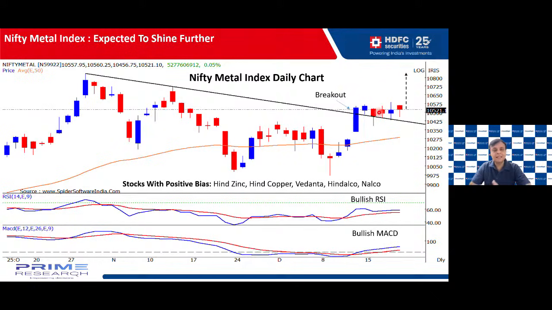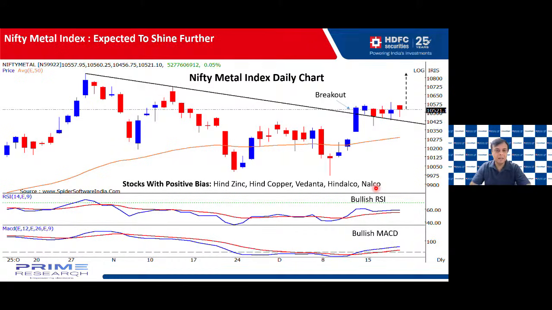As I said, silver is continuously going up, copper has started rising, aluminum has been rising. So all these commodities globally have been rising, and that is why Indian industrial metals as well as precious metals were doing good. Stocks with a positive bias are Hindustan Zinc, Hindustan Copper, Vedanta, Hindalco, and Nalco. Make sure that we are not recommending all this.